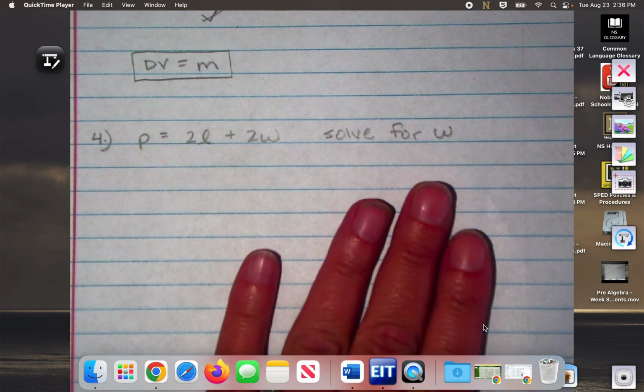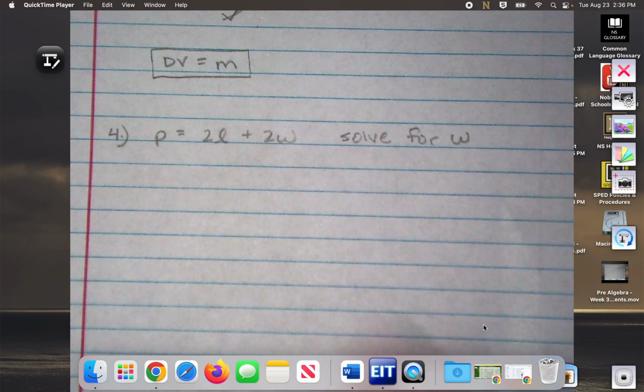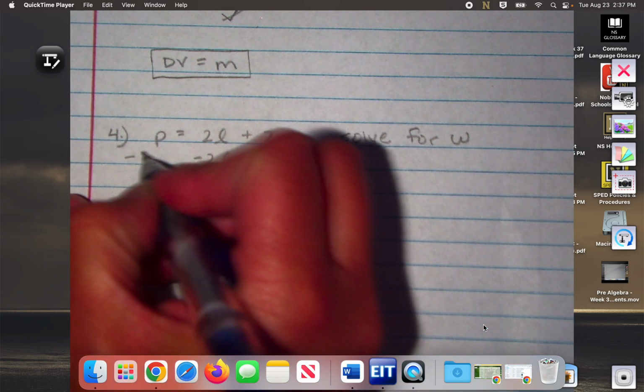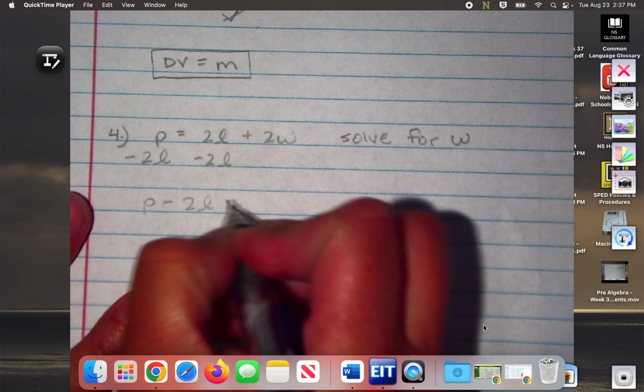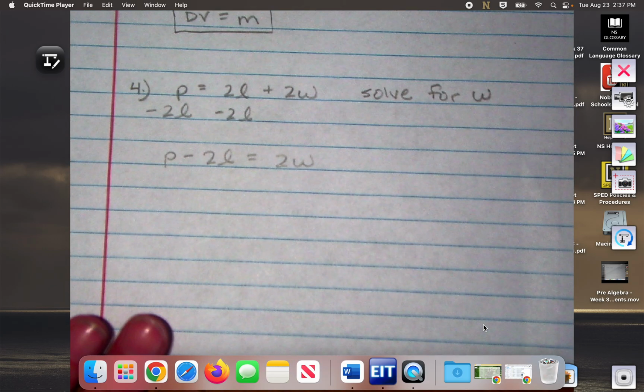Okay. I want to get W by itself. So there's a couple different ways I can attack this. What do you think? Not Griffin, somebody else. Carson. I'm going to subtract 2L from both sides. So now I have P minus 2L equals 2W. What was that, Grace? Divide by 2. Divide by 2.